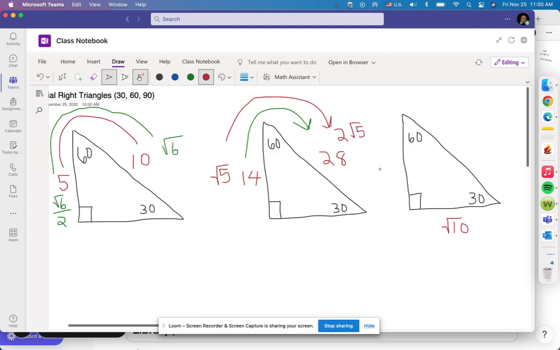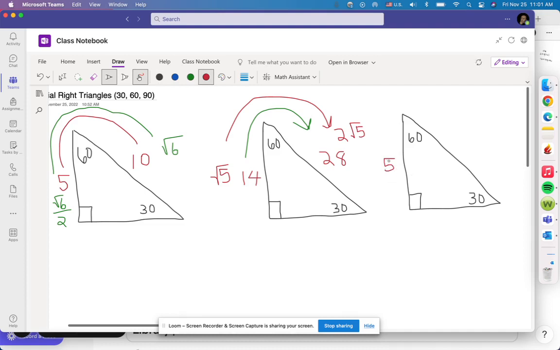Okay. Now, I didn't do the other one. I'm going to need to draw some more triangles. I think I'm going to get rid of this. All right. What if I give you this side over here, opposite 30, and let's make it 5.